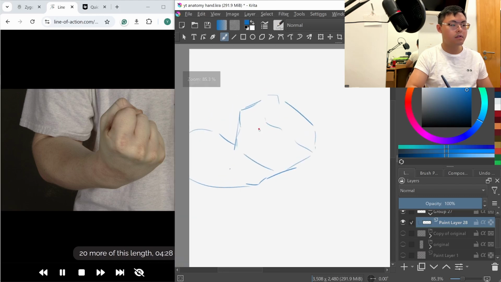Then you just start adding the details to it. That part, that part, that part, that part.